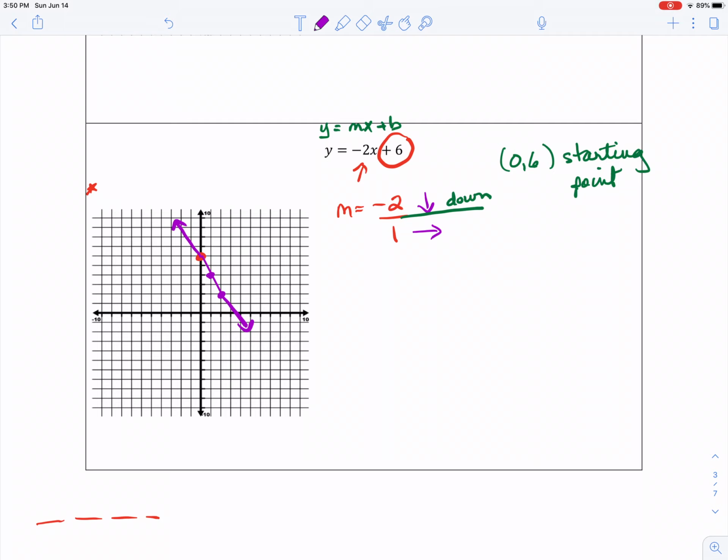I'm going to start with the y-intercept, 0, 6. And then from there, I'm going to come down 2 and right 1, down 2, right 1, down 2, right 1. And you can do that as many times as you'd like, and that's the way a negative slope will look. So I hope that helps us get started here in section 3 of chapter 4.